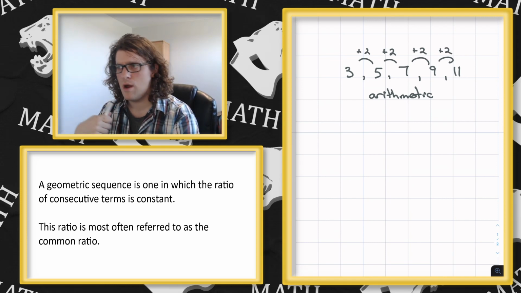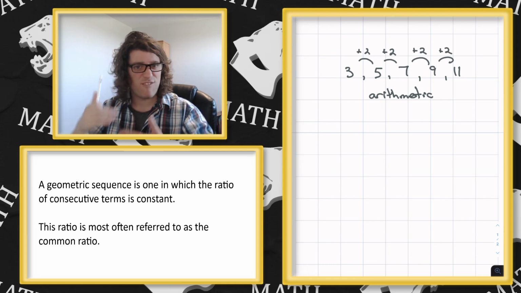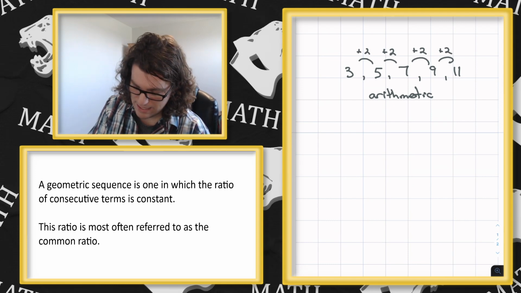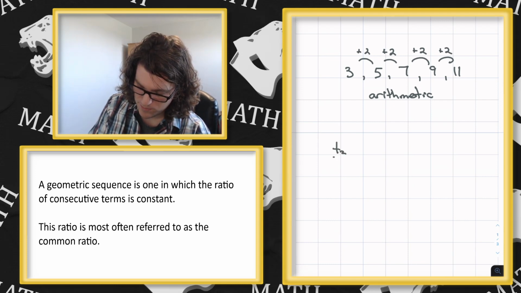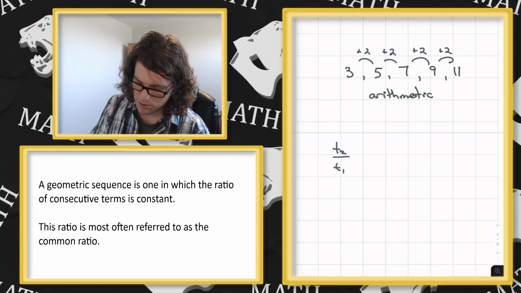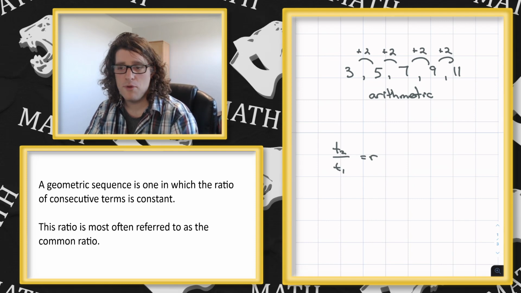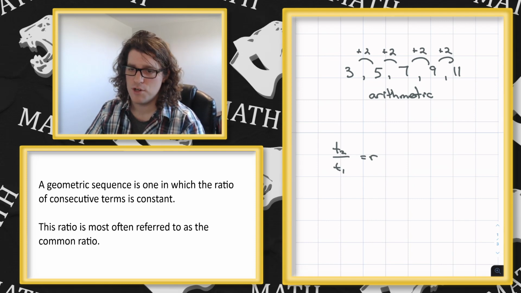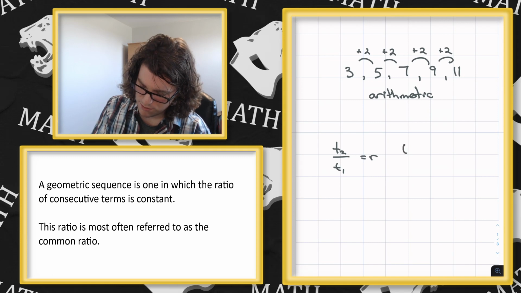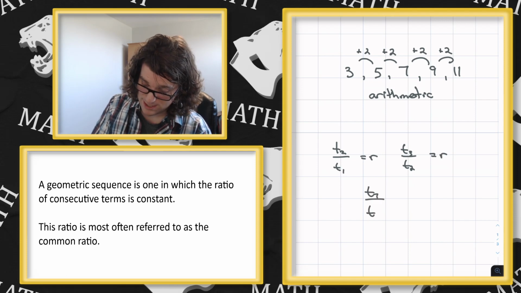So ratio, rational, fraction. If we take t1 and t2 and divide those two things, we're going to get some ratio. I'm just going to call it r for the time being. What this says is that the ratio of consecutive terms is constant. So if I took t3 and divided that by t2, I would also get r. Or if I took t7 and divided it by t6, I would also get r.